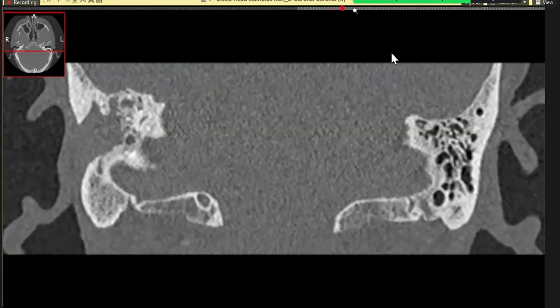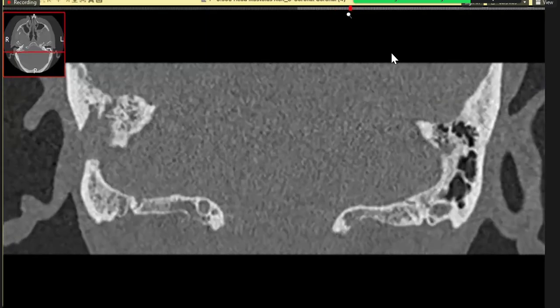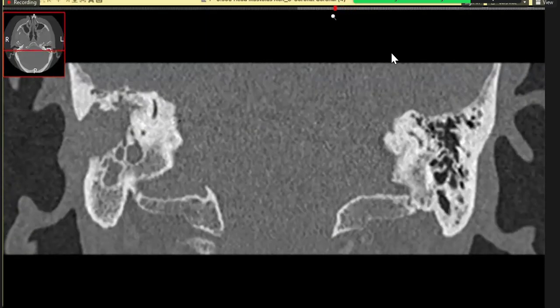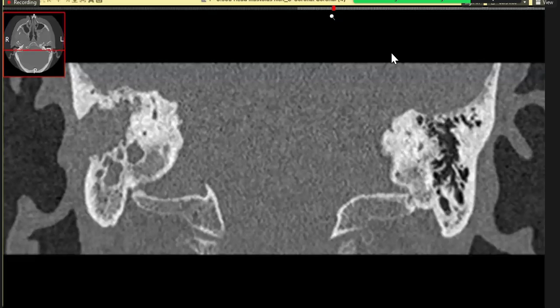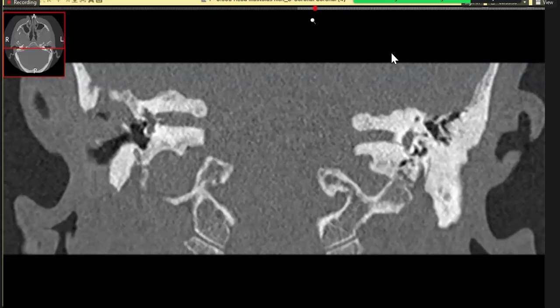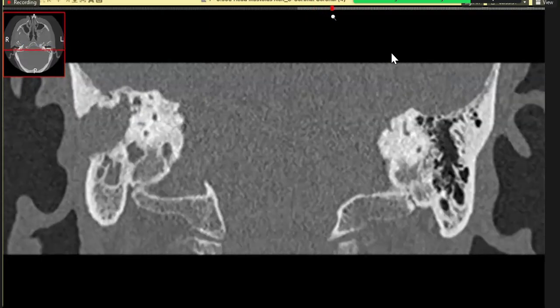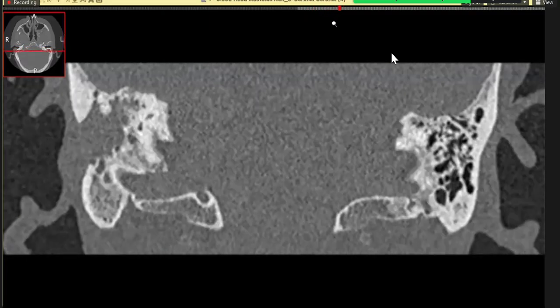Okay, this is the coronal view, and I can see the inner ear structures. They appear unremarkable.